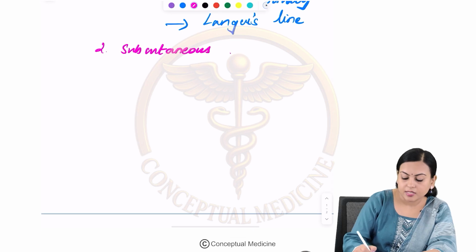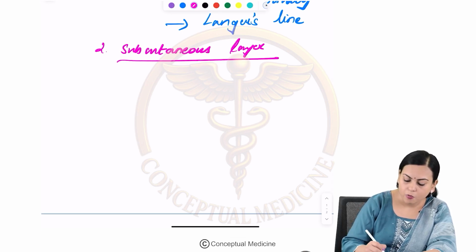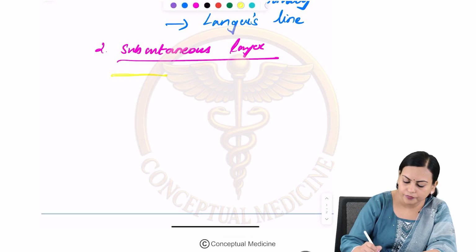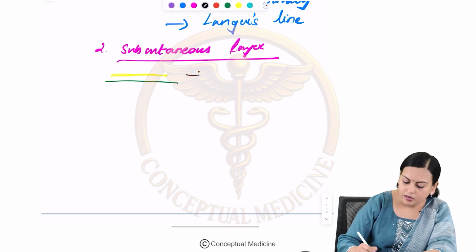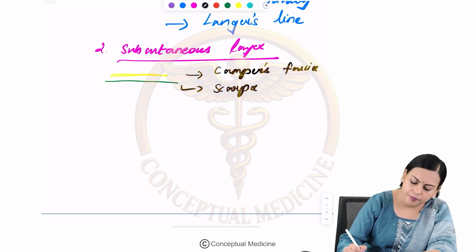Next comes the subcutaneous layer. In the subcutaneous layer, you have one superficial fatty layer and another deep membranous layer. This superficial fatty layer is known as Camper's fascia, and this deep membranous layer is known as Scarpa's fascia.